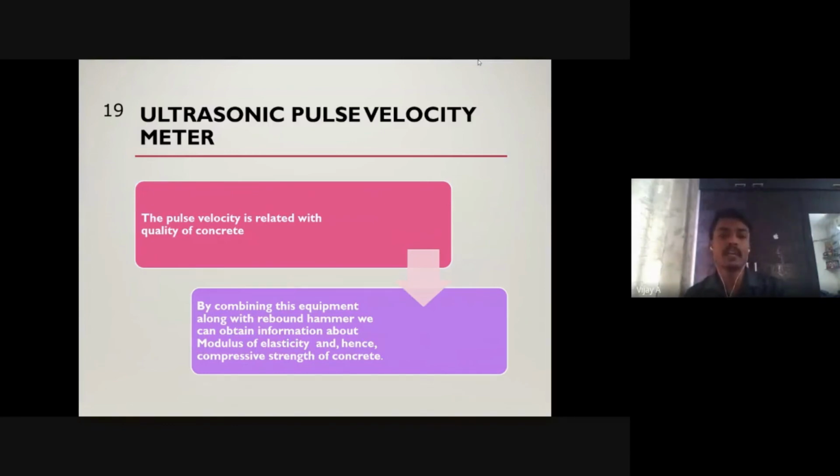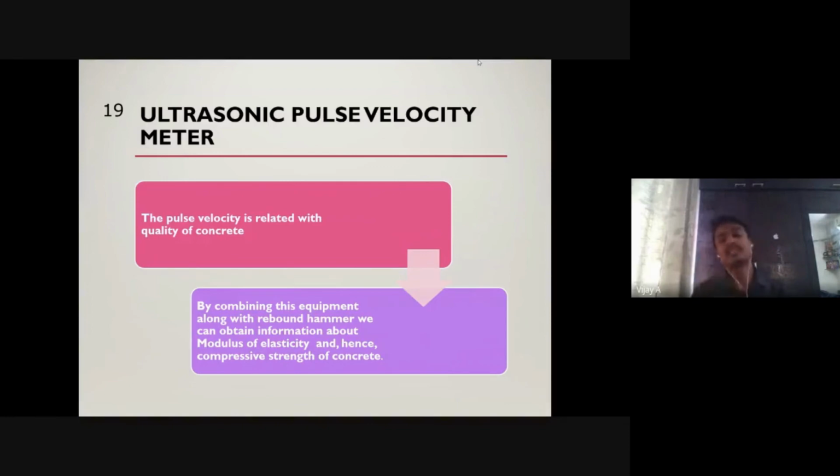By combining this equipment along with the rebound hammer, you can actually obtain very good information about elastic modulus and compressive strength, and thus you can get the compressive strength of concrete. So both UPV and rebound hammer tests are very handy and very easy to use.